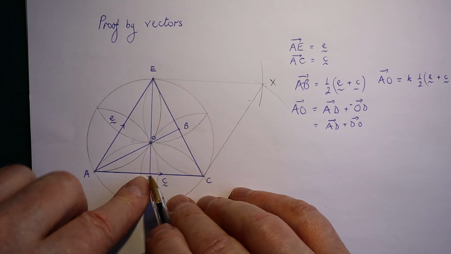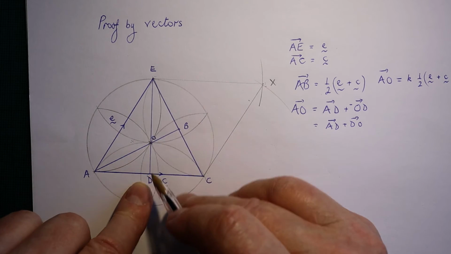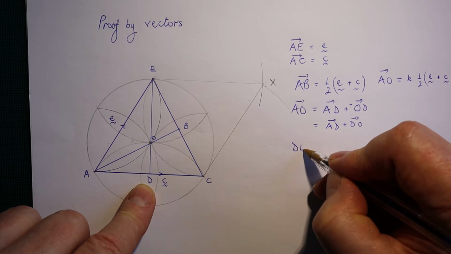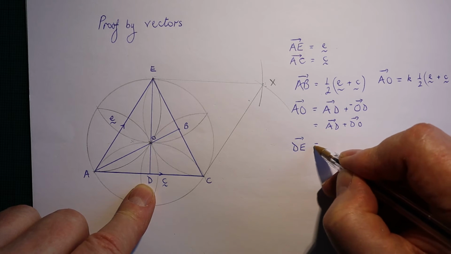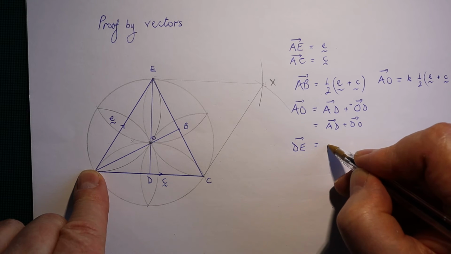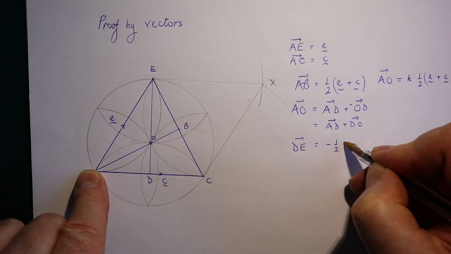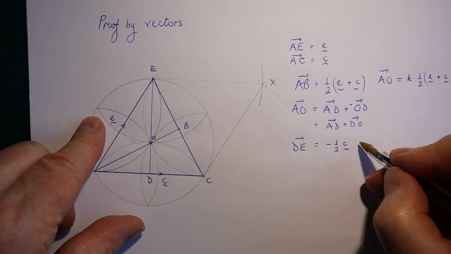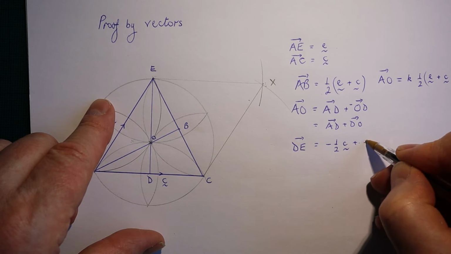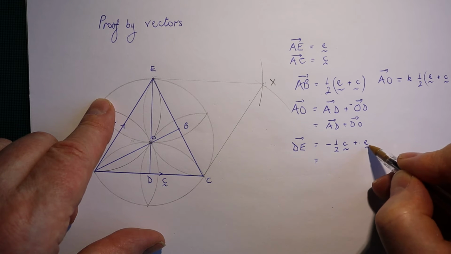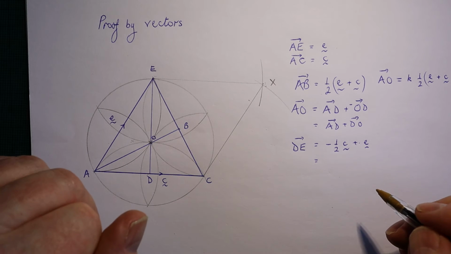Now DO is a fraction of DE, but what is DE? We need to find it. And DE is going to be this journey from D to A, which is minus 1/2 C, plus AE, which is E. So we've got minus 1/2 C plus E for DE.